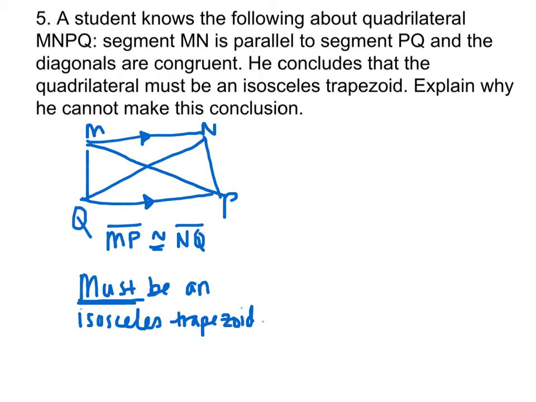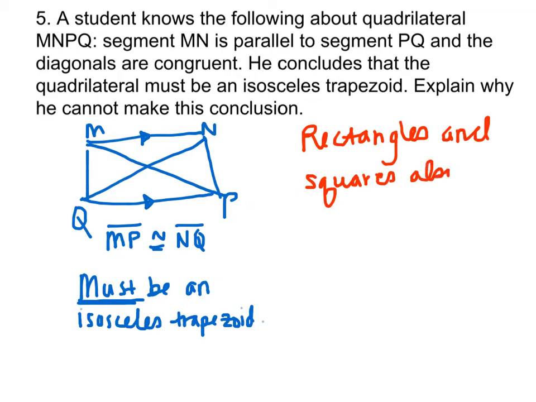Well, rectangles and squares also have these properties. Okay, so it can't just be an isosceles trapezoid. It might be, but it might also be a rectangle, or it may even be a square.